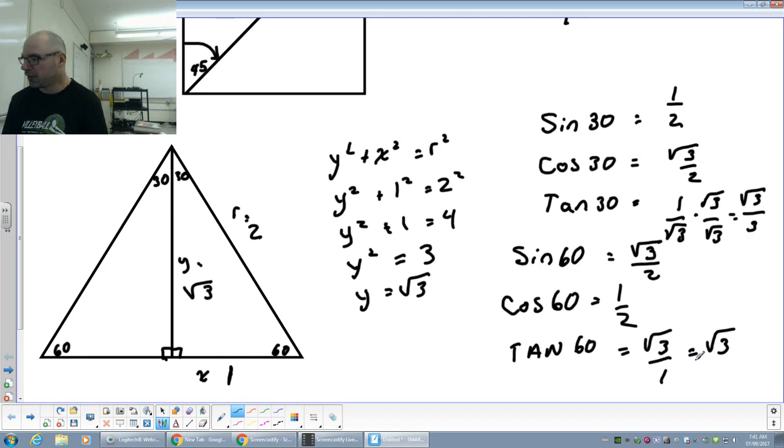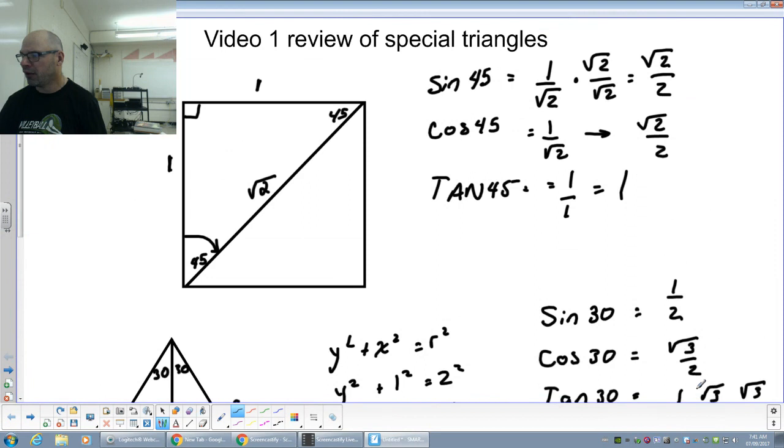Okay, and that's as far as we need to go, except I'm going to go back here and just remind you that, and we'll do a different color here, if we were doing radians, 45 degrees in radians is pi over 4, because 45 goes into 180 4 times.